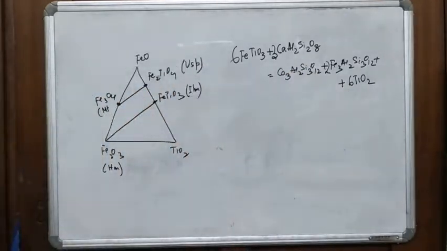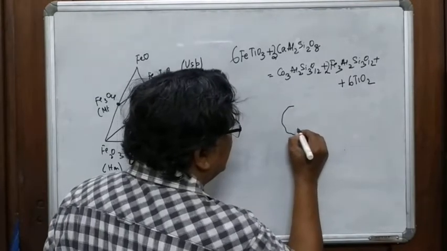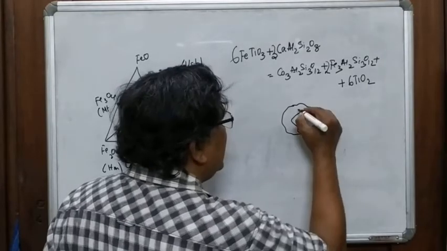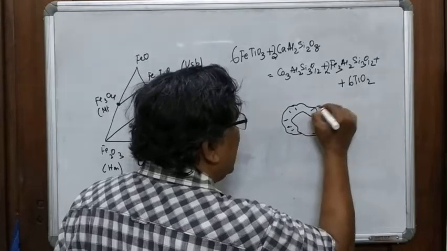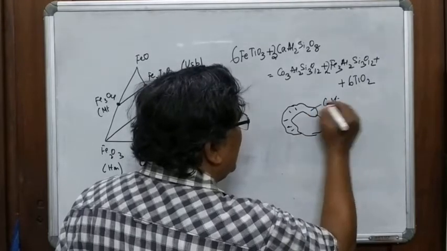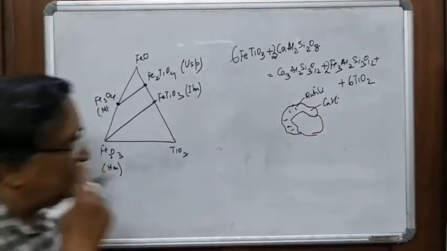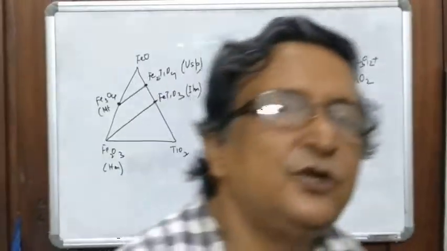This is a very common texture where, for example, you get garnet coronas around ilmenite, and these contain rutile inclusions. So this is garnet and these are rutile inclusions. So these are cotectic growth of garnet and rutile.